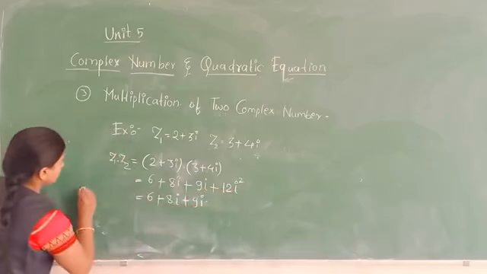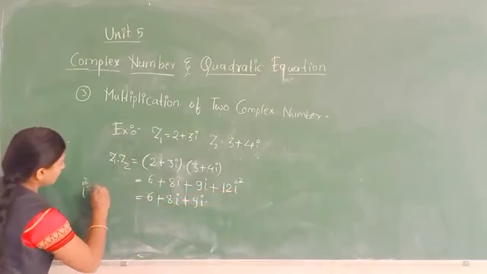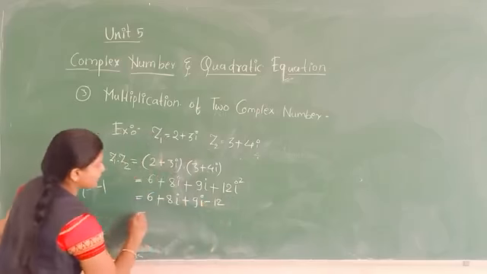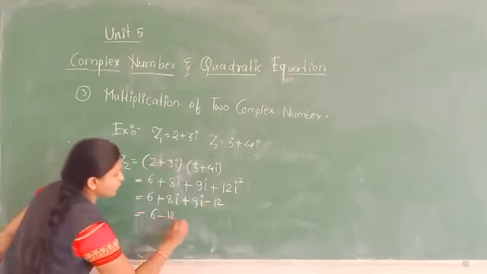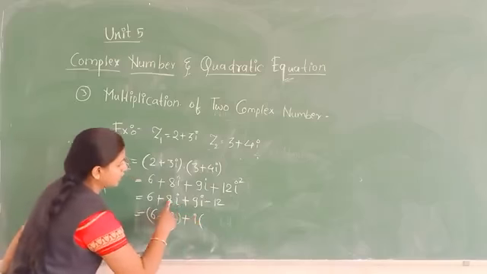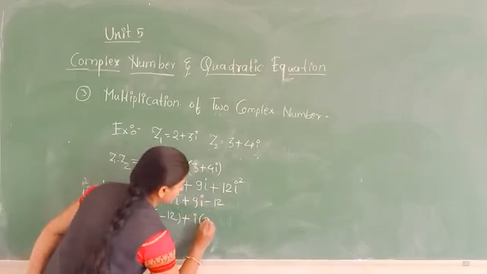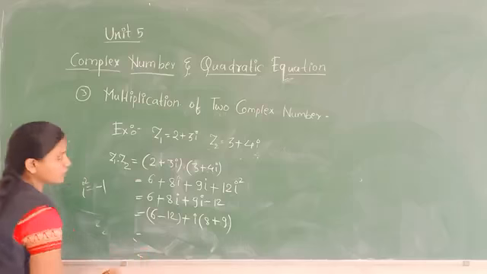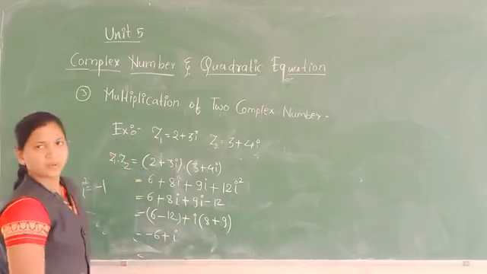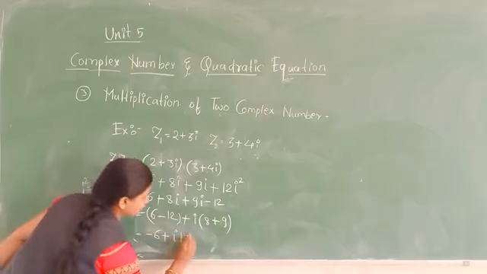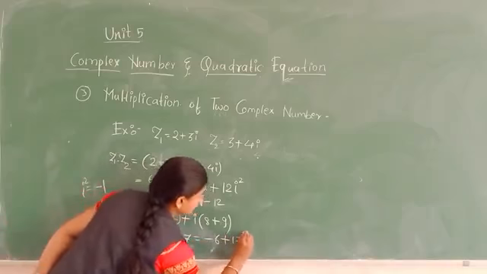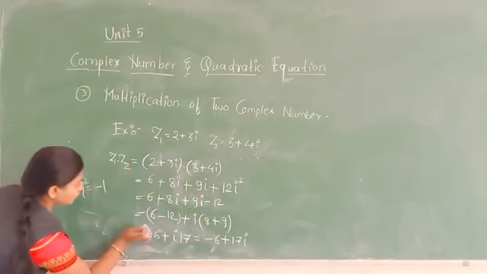Always remember that the value of i square is minus 1. So minus 12. This is equal to 6 minus 12, plus i common, the remaining part 8 plus 9. So 6 minus 12 is minus 6, plus 17i. So this is the multiplication of two complex numbers.